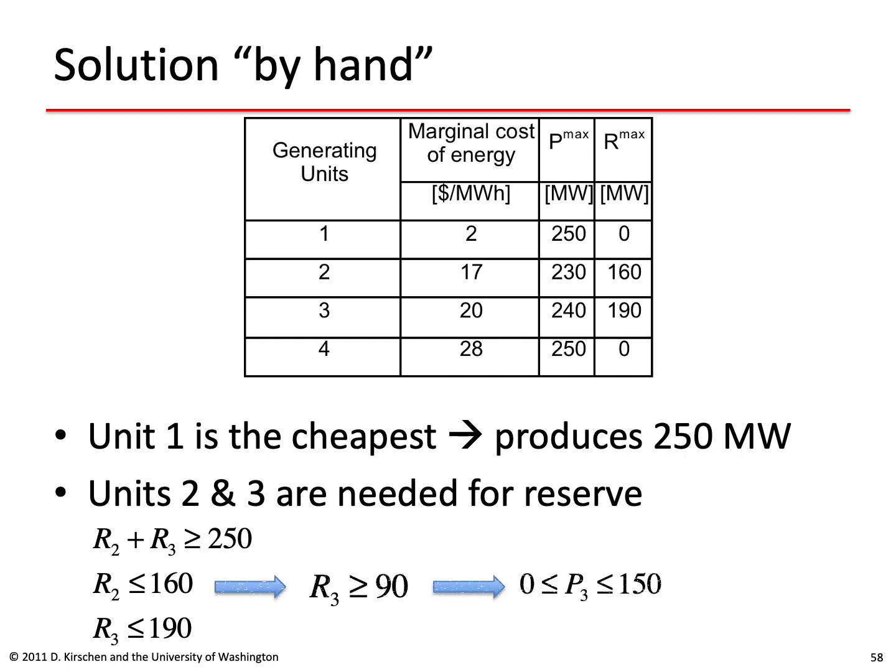That means that R3 will have to be greater or equal to 90, and therefore the amount of energy that generator 3 can produce will have to be between 0 and 150. And similarly, because R3 has to be less or equal to 190, R2 is going to have to be greater or equal to 60, and therefore P2, the amount of energy produced by generator 2, is going to have to be between 0 and 170.